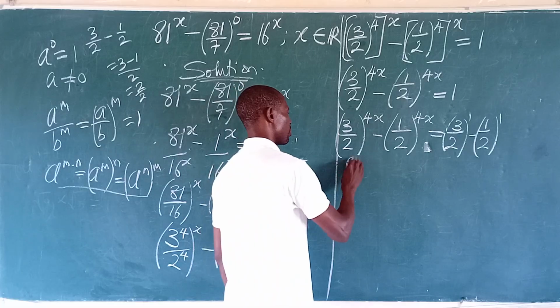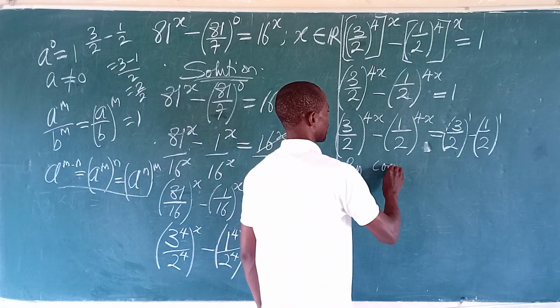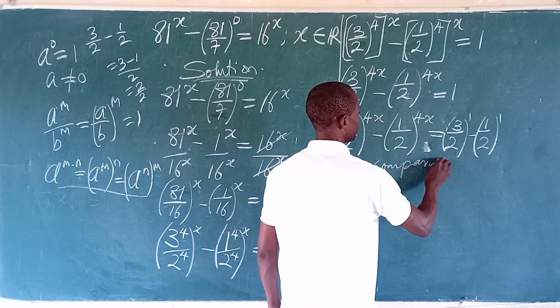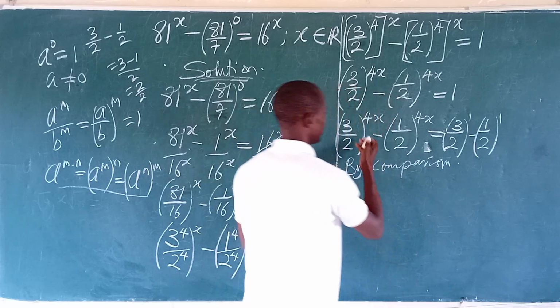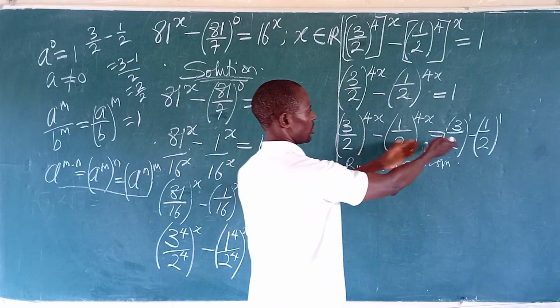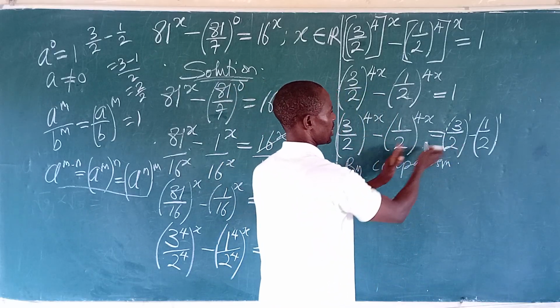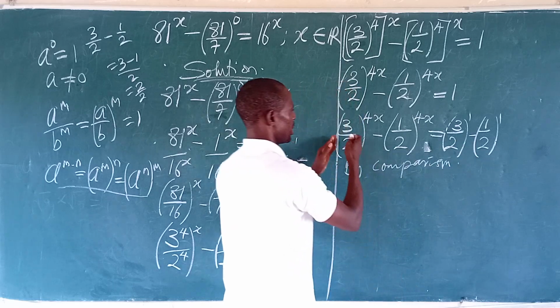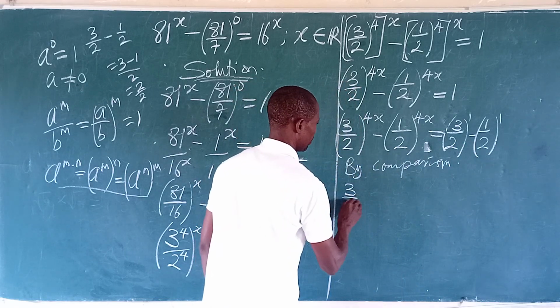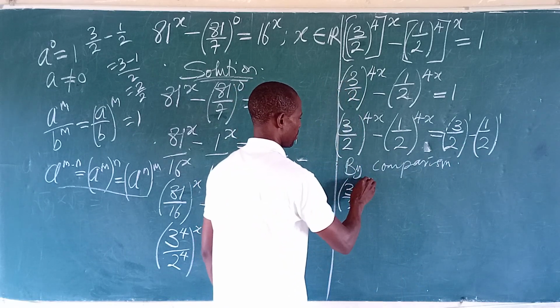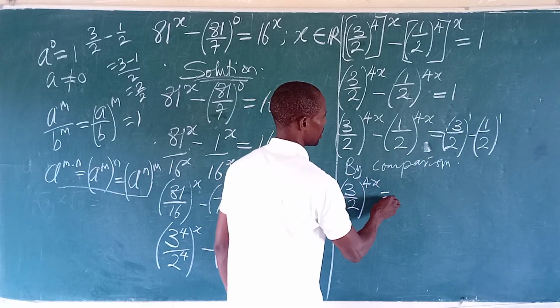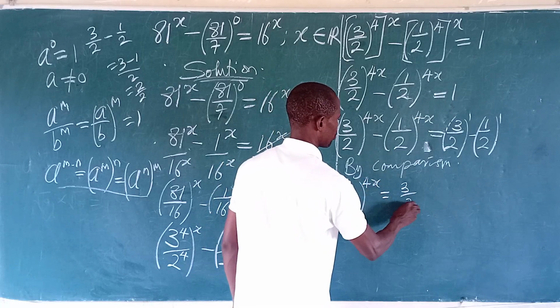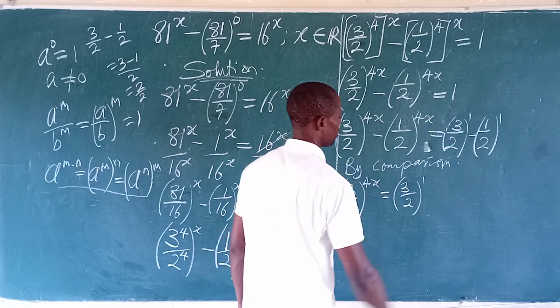So by comparison, we're going to have this equal to this, and this equal to this. So 3 all over 2 raised to the power of 4x will be equal to 3 all over 2 raised to the power of 1.